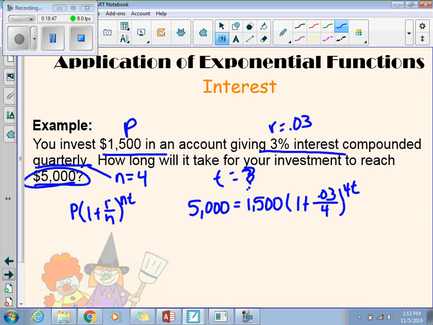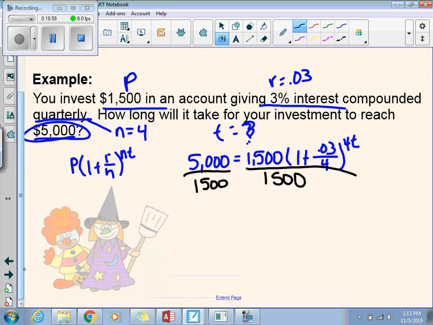So what's happening first is we're multiplying by this 1,500, so we're going to divide by that first. And when we do that, I'm going to leave the fraction because it gives you a decimal. So that's 10 thirds equals 1 plus 0.03 over 4, to the 4t.